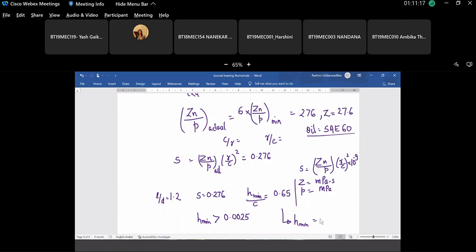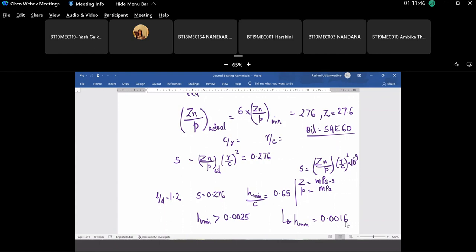What is H minimum you are getting? 0.016 or 0.0016? 0.0016.